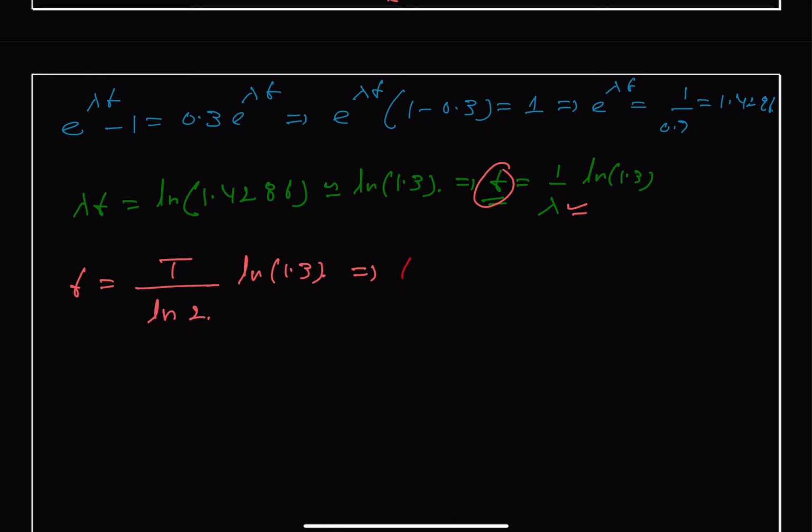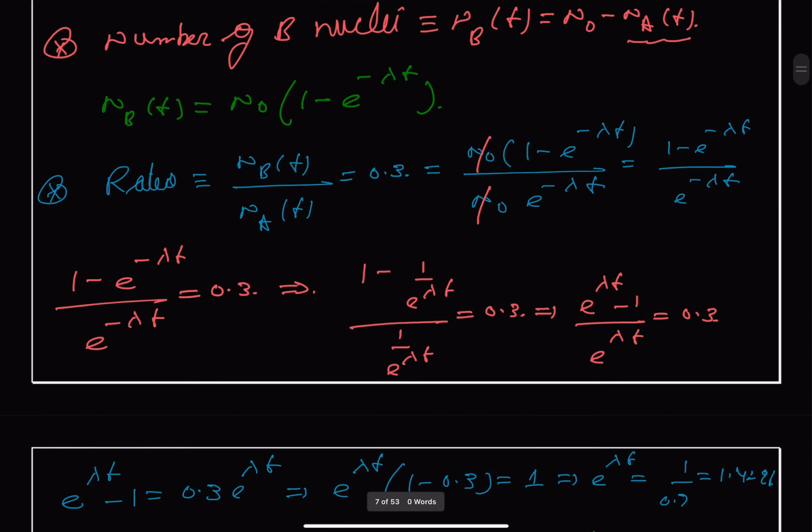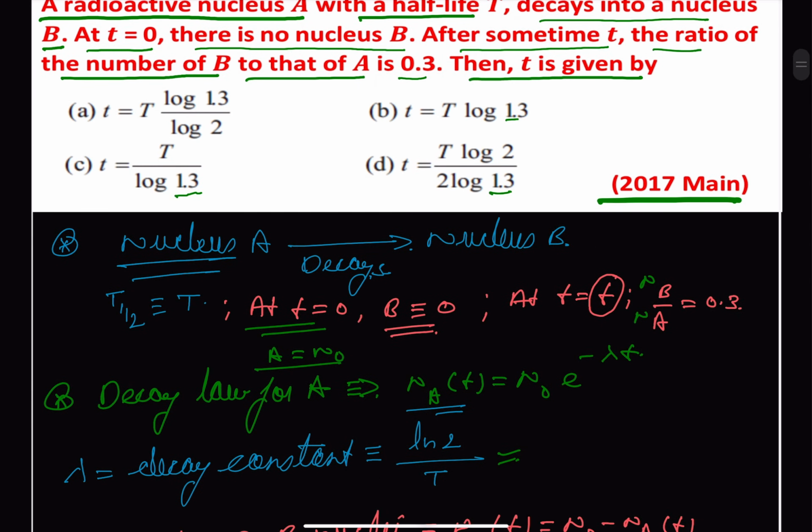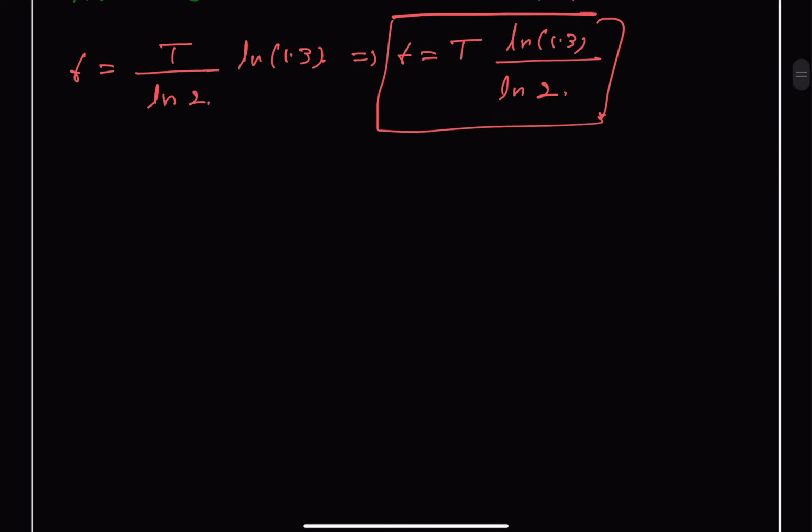Therefore we get t is equal to capital T natural log of 1.3 divided by natural log of 2. So this is the value of t, and option A is correct. Next question.